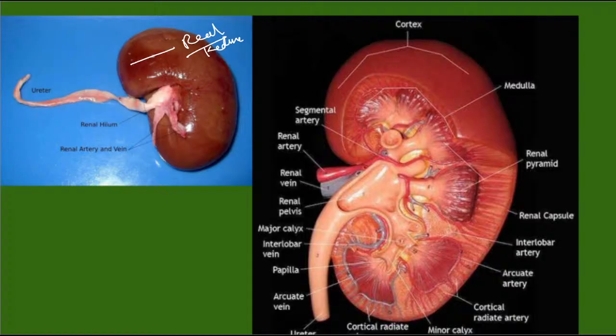First is the medulla and the cortex, the segmental arteries and renal arteries, renal vein and renal pelvis, the major calyx, interlobar vein, papilla and arcuate veins, and the ureter, the cortical radiate, the minor calyx, radiate arteries, arcuate arteries, renal capsule. How does it work? I will come with that in the next videos.